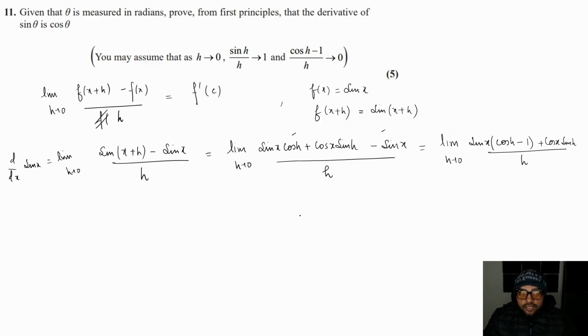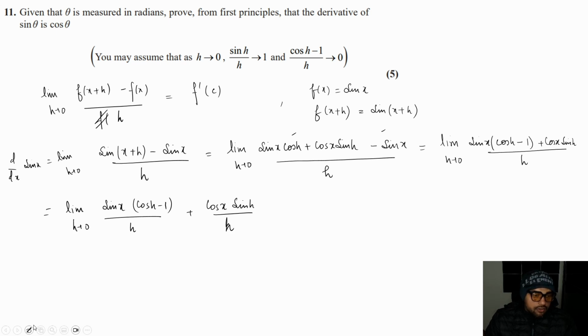On segregating this function, what we'll get? We'll get limit of h tending to 0, sin x, I'm just segregating it, students, (cos h minus 1) upon h plus cos x times sin h by h.